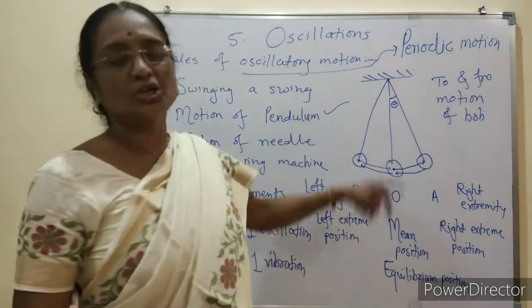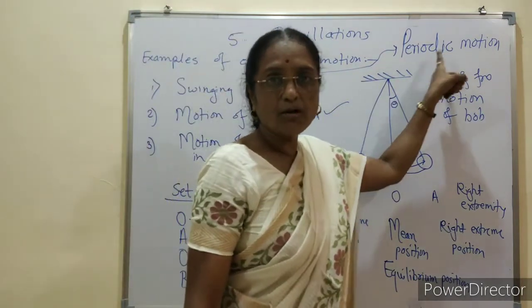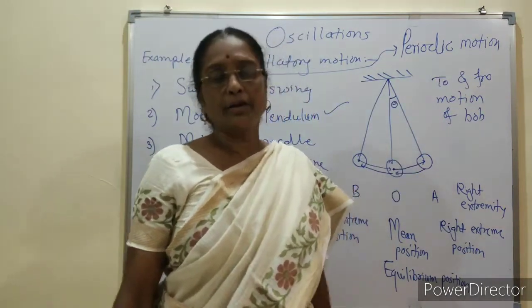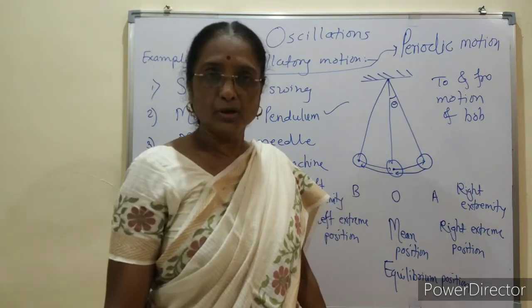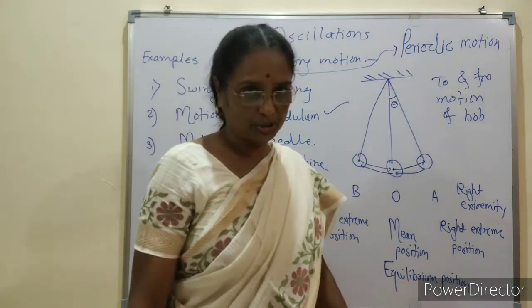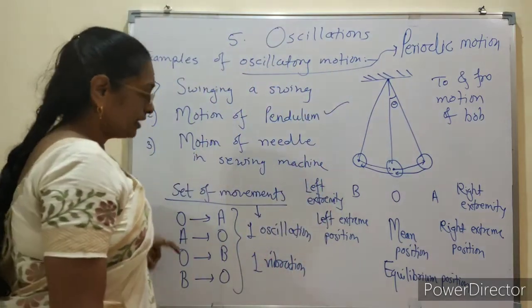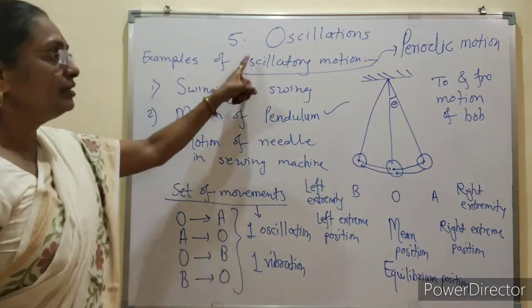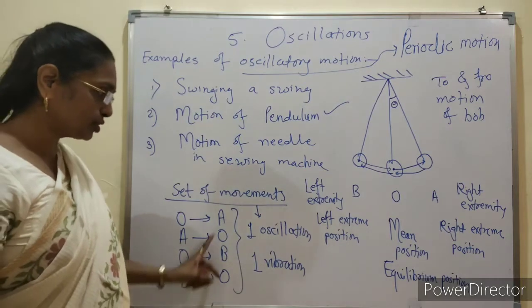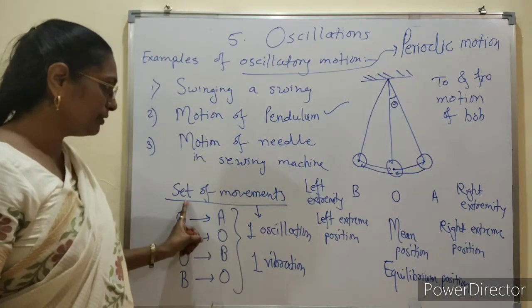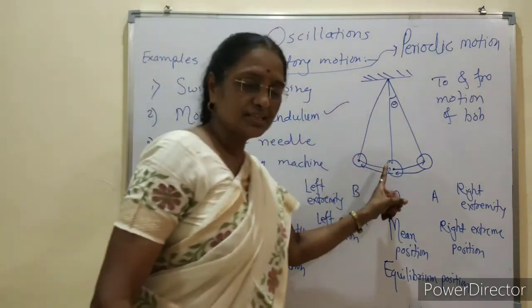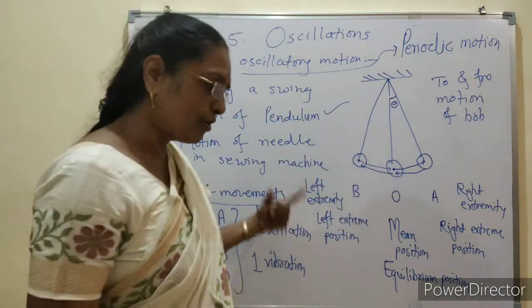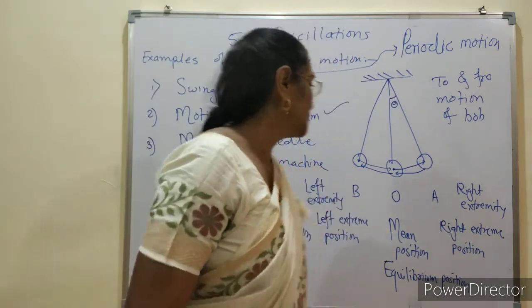Already in rotational dynamics we have studied that uniform circular motion is also a type of periodic motion. So here oscillatory motion is a type of periodic motion, and one oscillation can be given by one such set of movements in this example, and it is applicable for all such examples.